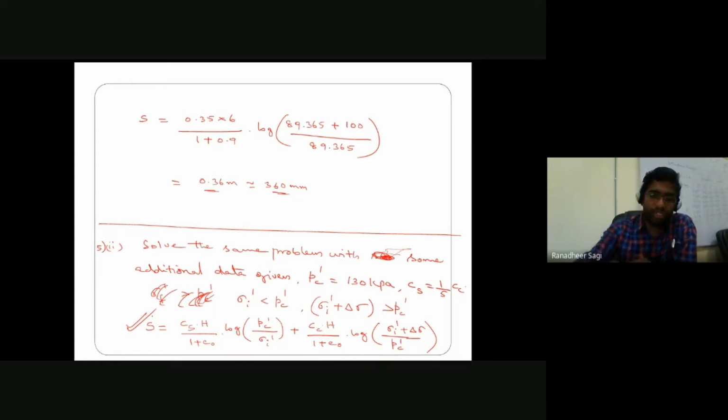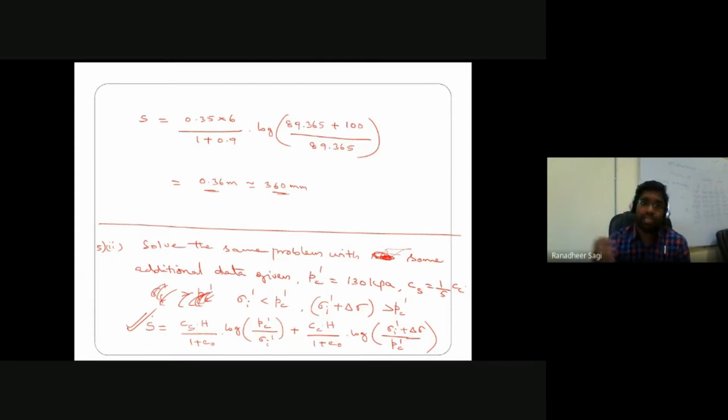If nothing is specified with regard to the pre-consolidation pressure, or no data is given with respect to it, then you can blindly assume that the soil is a normally consolidated soil. But when you are given data relating to the pre-consolidation pressure, you have to be a little careful and check whether your initial effective stress and final effective stress lie to the left or to the right of your pre-consolidation pressure.